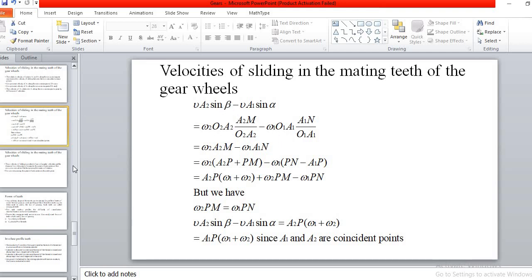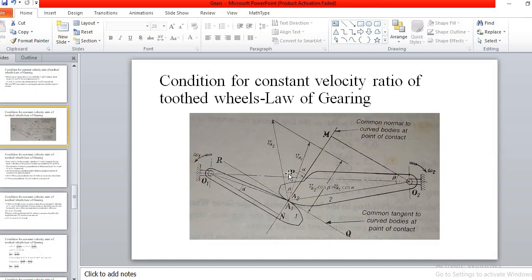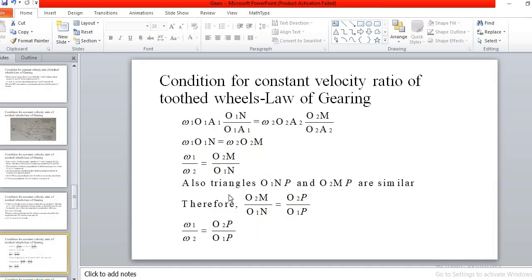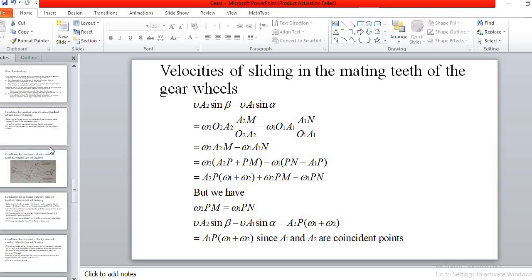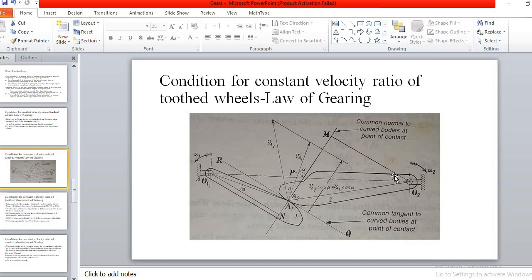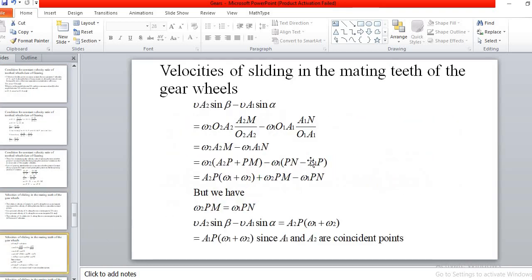Sin beta we can write as A2M divided by O2A2, and sin alpha we can write as A1N divided by O1A1, like this.